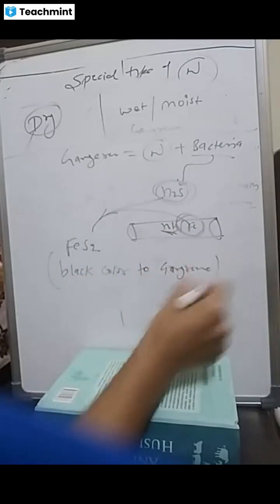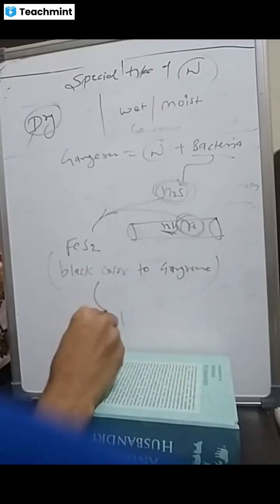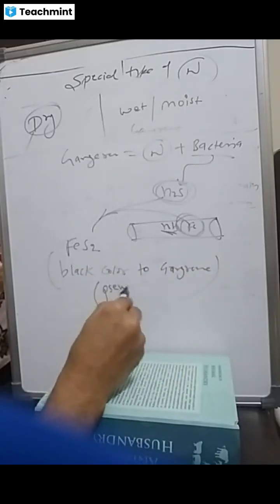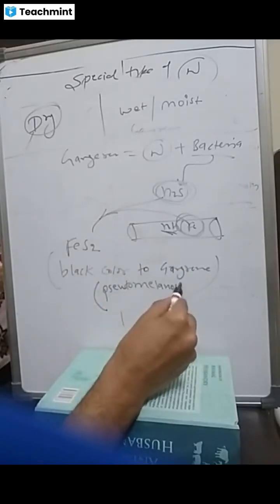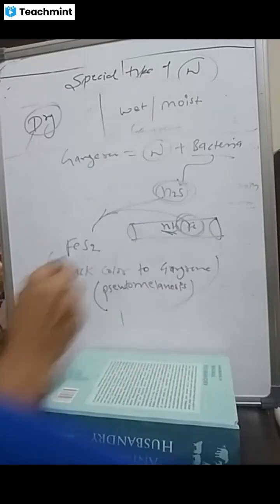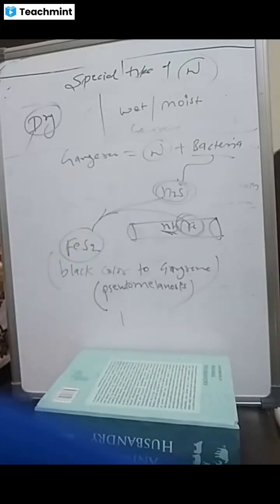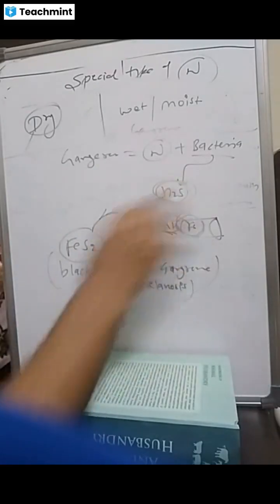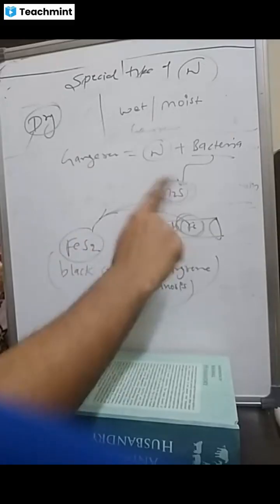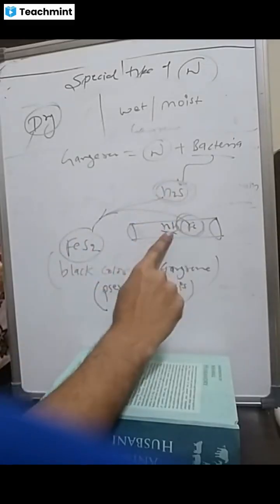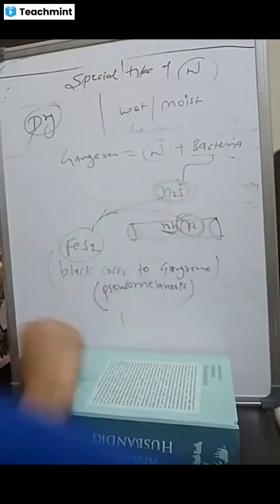This black coloration is called pseudomelanosis. Black color is because of iron sulfide that is formed from H2S from bacteria and Fe from hemoglobin.